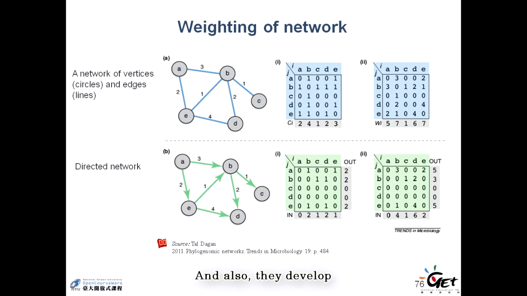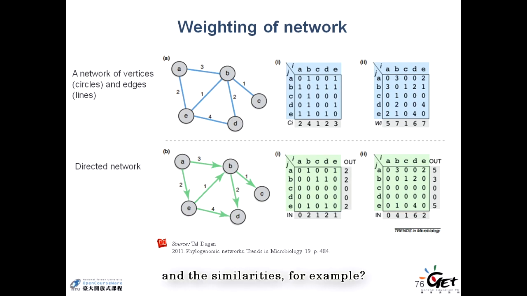And they also developed a new algorithm. It's called a directed network. So for example, if we have 5 different sequences here, how do we know the relationship and the similarities among those sequences?